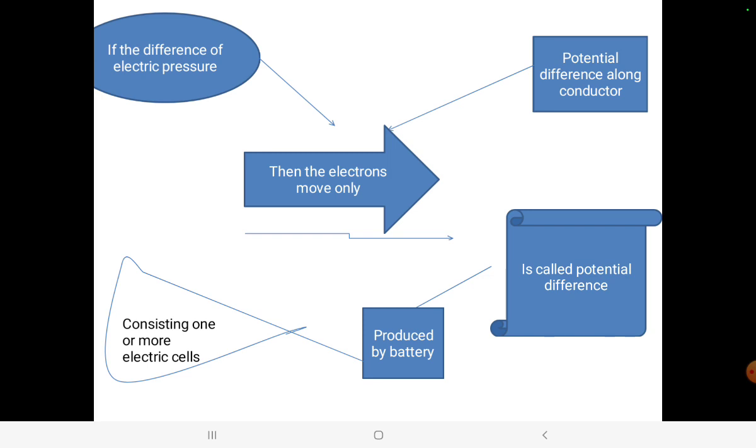If it is very close, it shows high pressure. If it is not close, if it is far from it, it shows less pressure. So if there is a difference of electrical pressure, then the electrons move. Yes, because of the difference, we have to give some more work. That means because of this pressure, we have to supply more electrons.